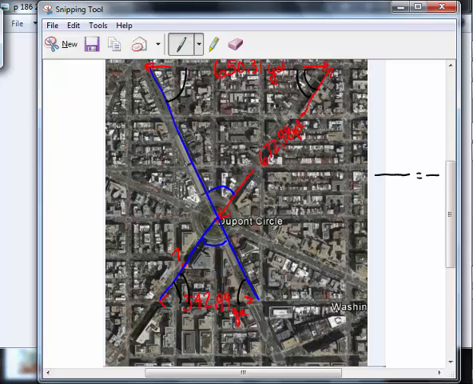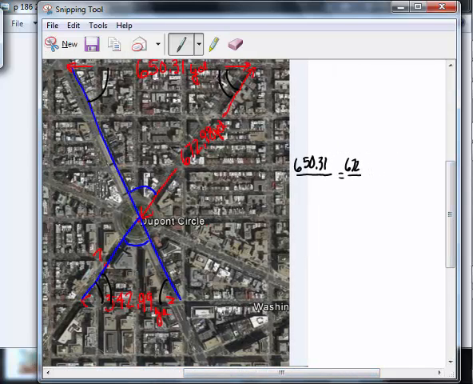The parallel side is 650.31. The slanty side is 672.98.